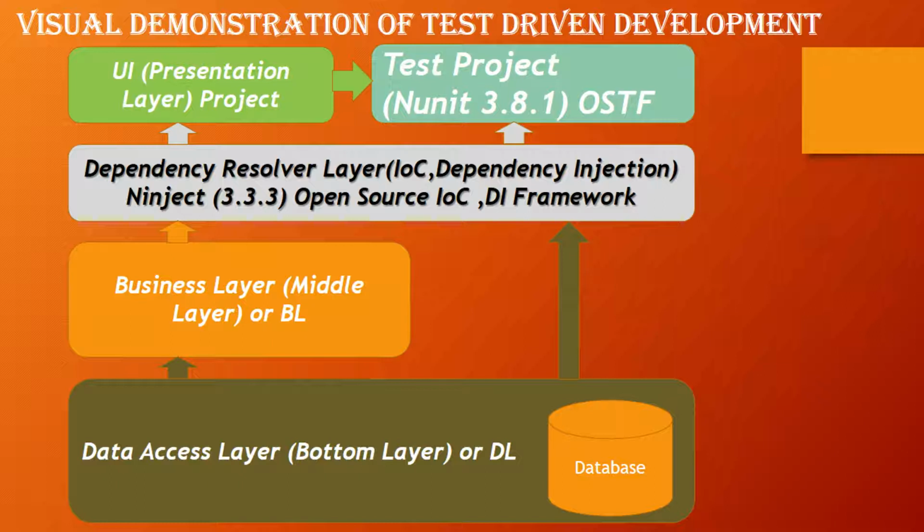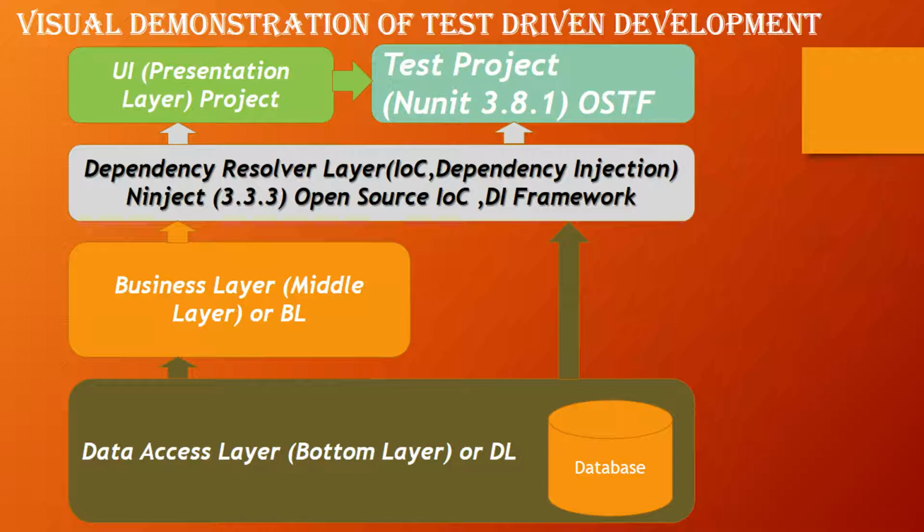Mainly we access the database in the data access layer, and in the business layer we process our business logic by using any processor or anything else. And in the UI layer, we just display the things after business layer processing. So basically most of the time we work in three layer architecture, that is DL, BL, and UI.